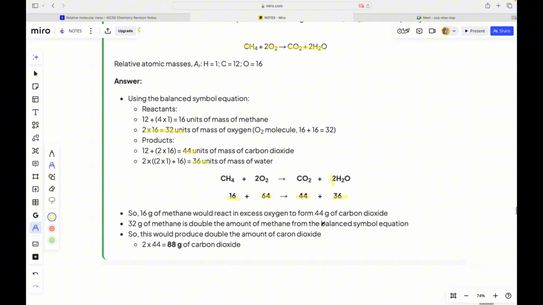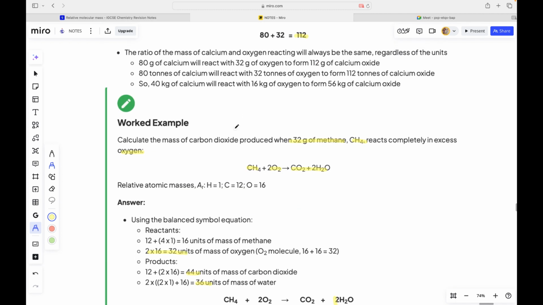Now, the total mass, the question says, so 16 gram of methane reacts in excess oxygen to give 44 gram of carbon dioxide. Carbon dioxide is 44. The question says calculate the mass of carbon dioxide produced when 32 gram of methane reacts completely in excess oxygen.